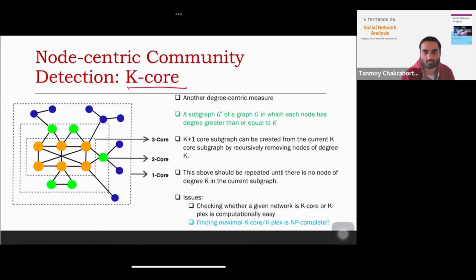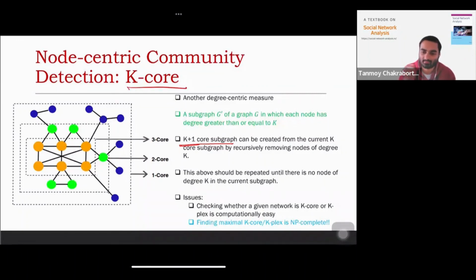The next concept is k-core. We have already discussed k-core in the core periphery analysis. This is exactly the same. In k-core, the idea is that in order to detect a k-core subgraph, you need to recursively remove nodes with degree less than k. In order to detect a 2-core, for example, you need to recursively remove nodes with degree 1, meaning you first remove nodes with degree 1.